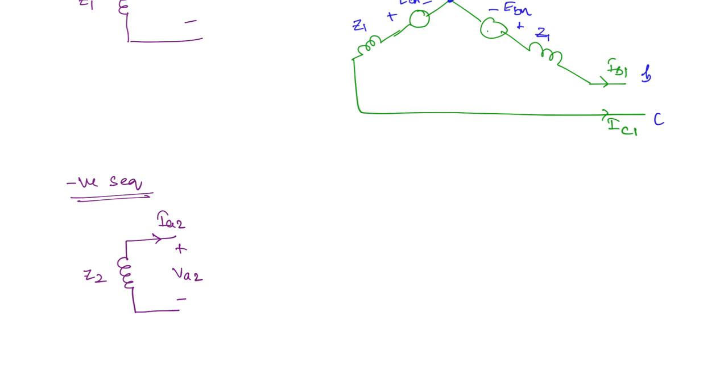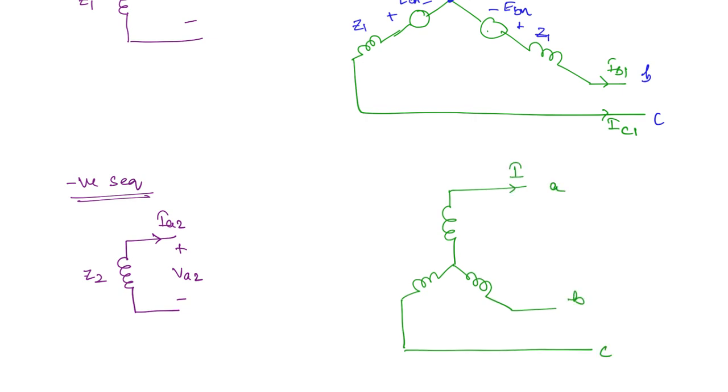Here also you can draw the three phases together. This is phase A, B and C. The currents are IA2, IB2 and IC2. This is the neutral point. Here it only consists of impedances. Z2 is slightly less than the positive sequence impedance Z1.